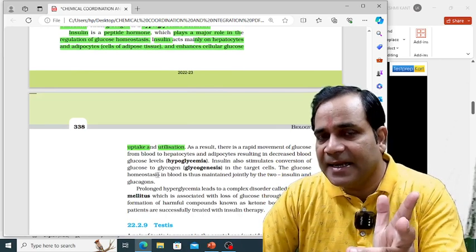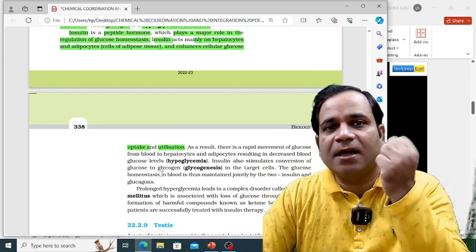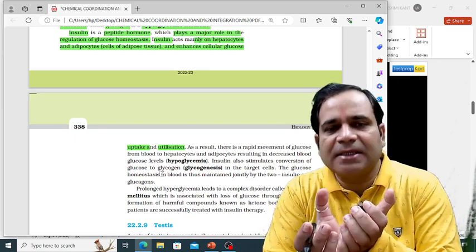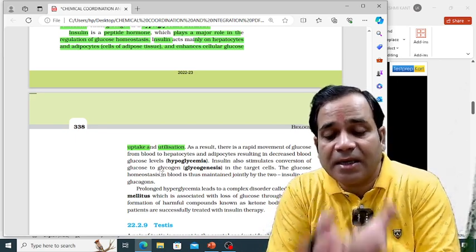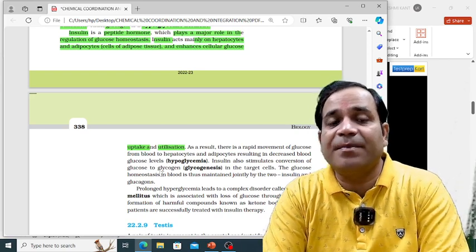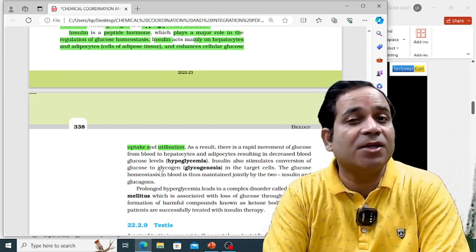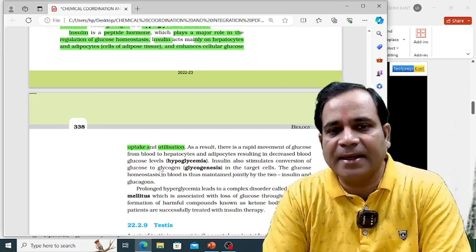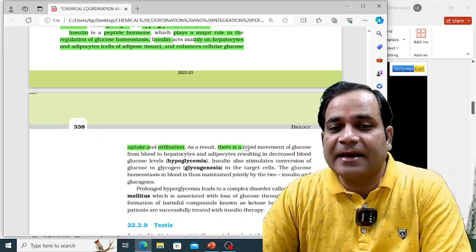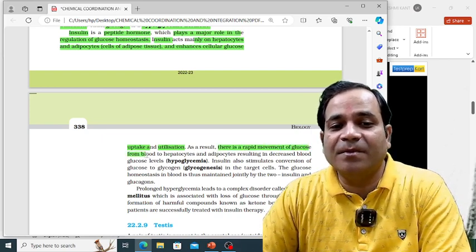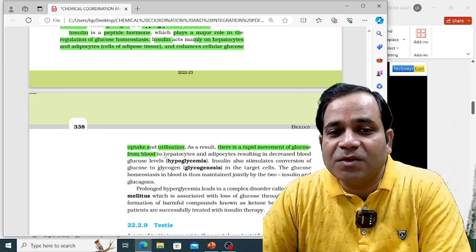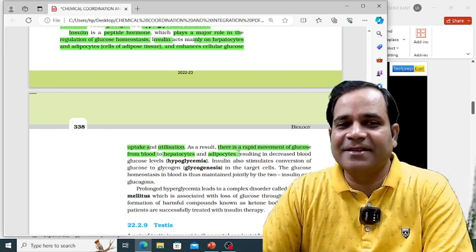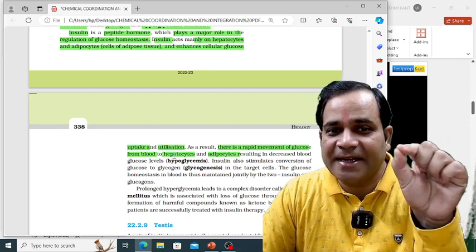Because the cells do not otherwise take up that glucose, and the adipose tissue cannot utilize that glucose, which comes from the breakdown of carbohydrate into glucose. As a result, there is a rapid movement of glucose from blood to hepatocytes and adipocytes, the sites of the liver and adipose tissue.